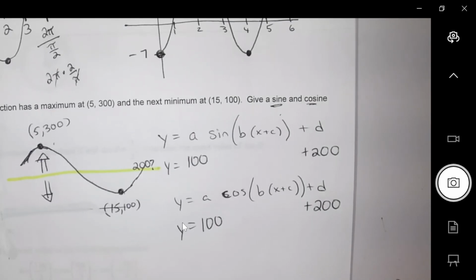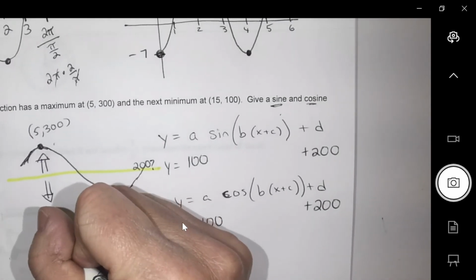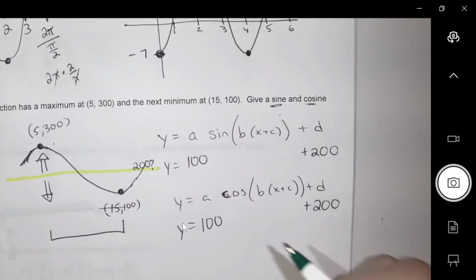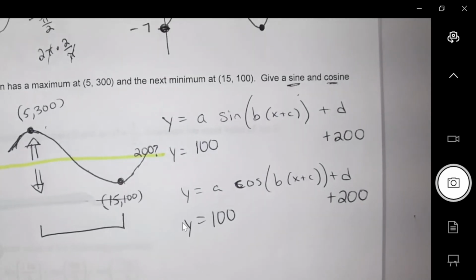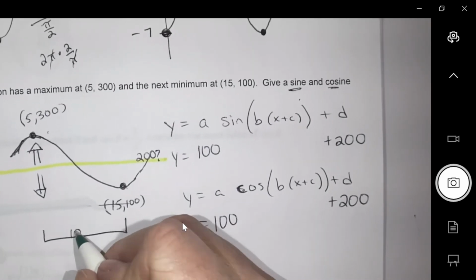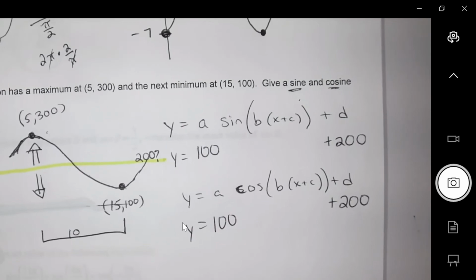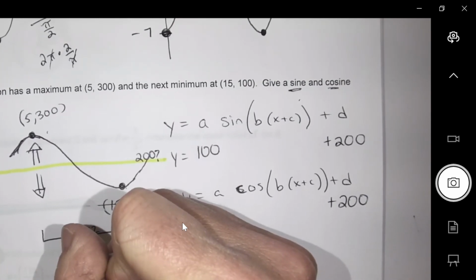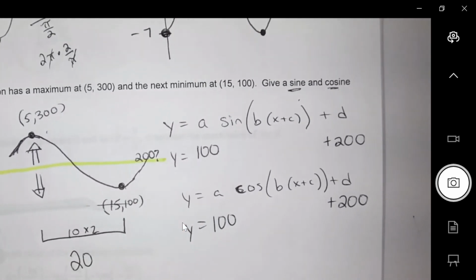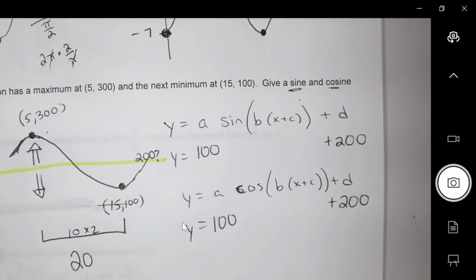Okay, now let's do the B. How much space did I move from there to there? I moved 10. Is that a cycle of time? No. What would I think about when I think, is that a cycle? No, it's a half of it. So it would actually take me 20 to get through a whole high, middle, low, middle, high.